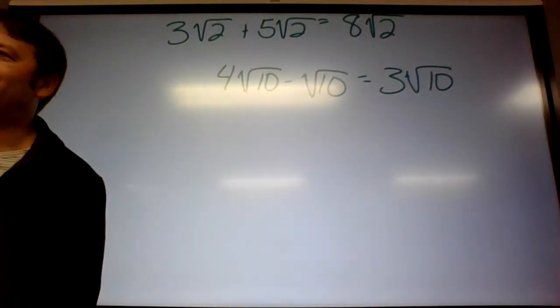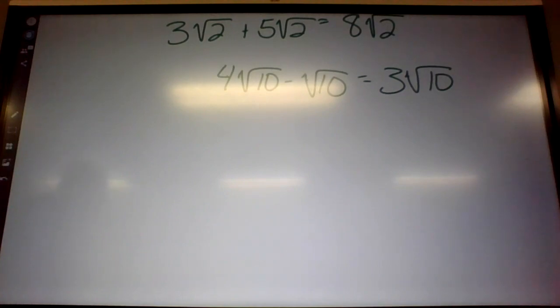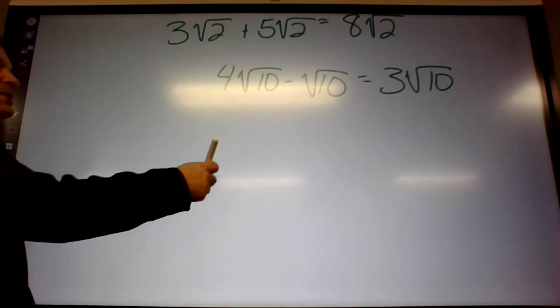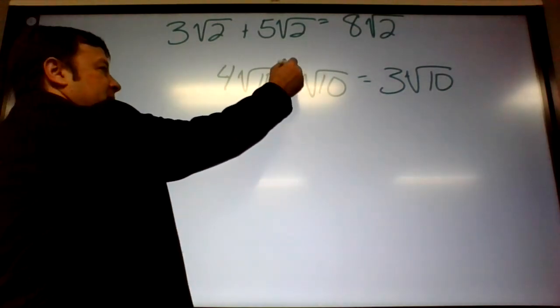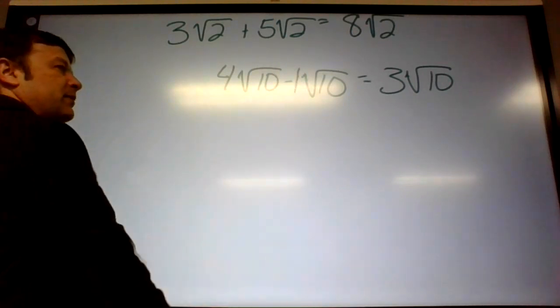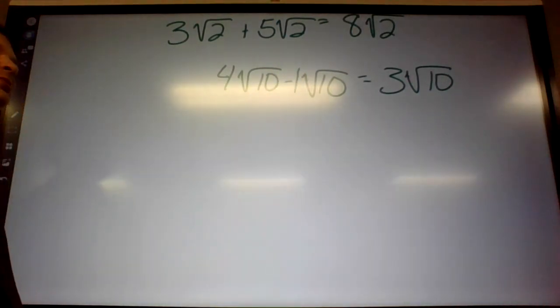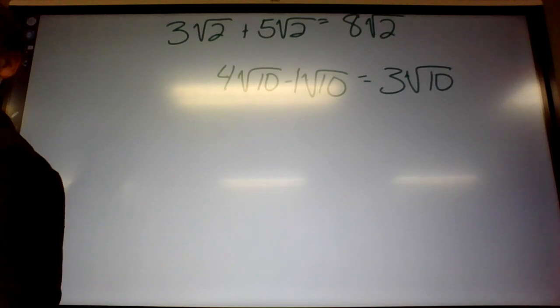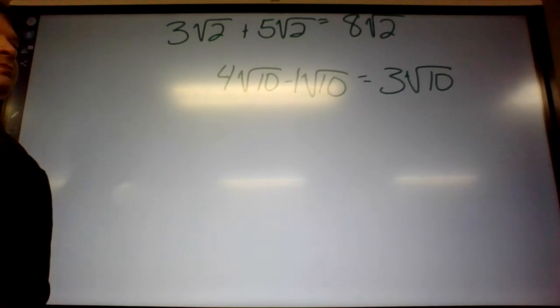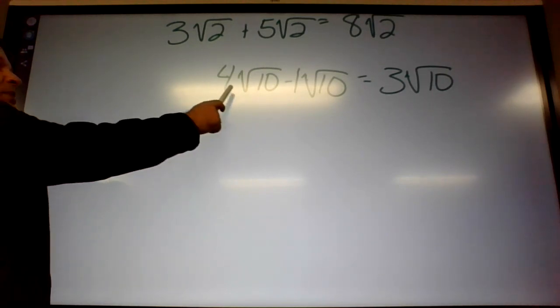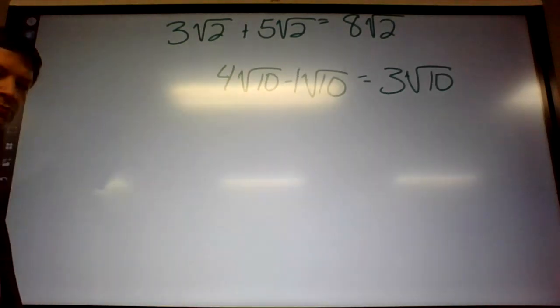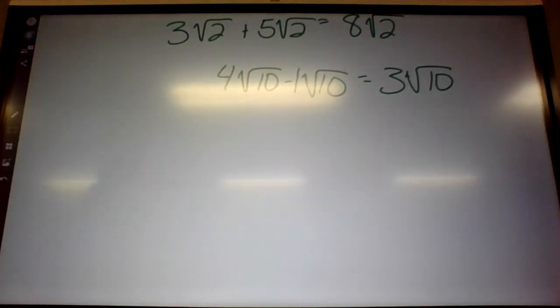If it just says square root of 10, that implies there is one of them. So that's like 4 square root of 10 minus 1 square root of 10. 4 minus 1 is 3. Oh, I'm on the wrong page.